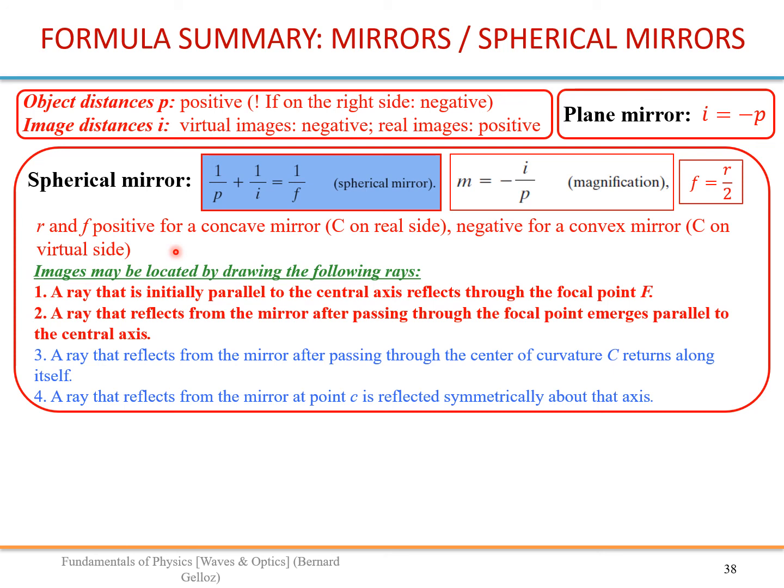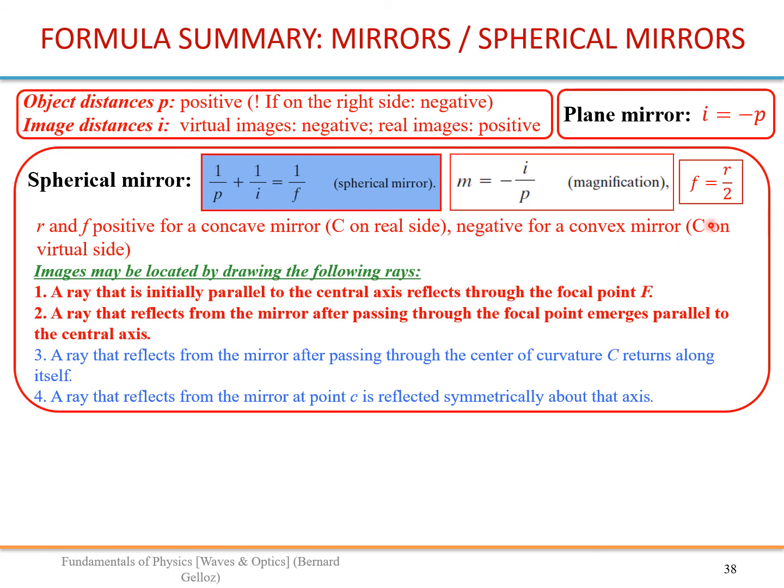So be careful with the conventions. R and f are positive for a concave mirror, and you can maybe remember that because C is on the real side, so usually the real side is positive, and negative for a convex mirror.